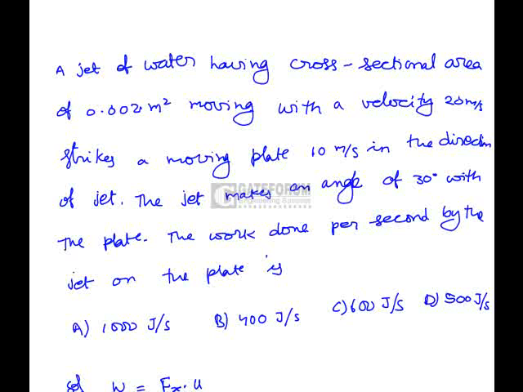So here it is equal to 1000 into 0.002 into (20 minus 10) whole square into sin 30 into 10, which gives a value of 501. So in the options, the right option is D. D is the right answer.